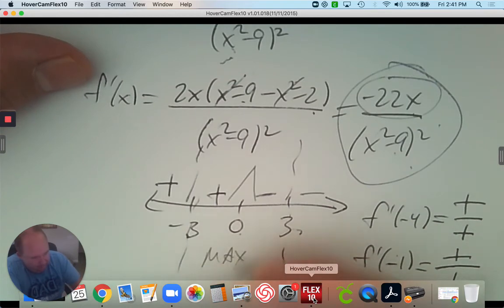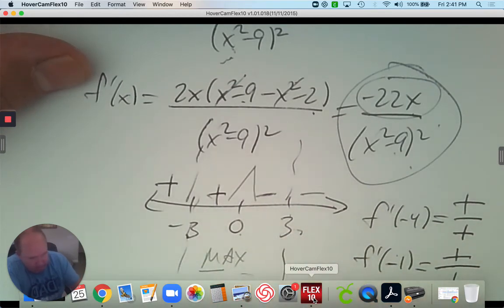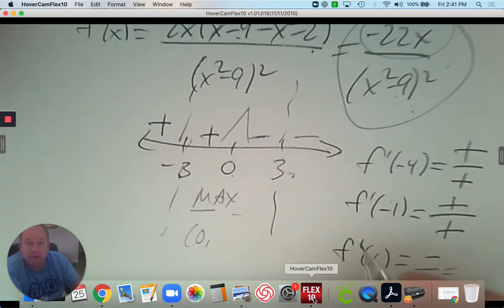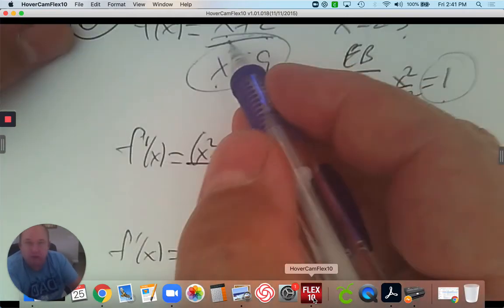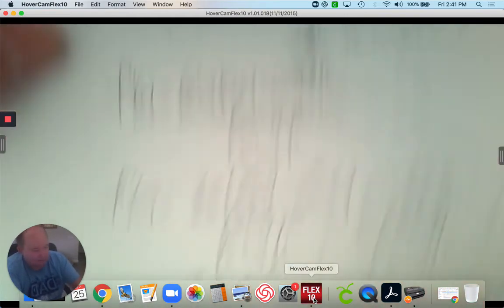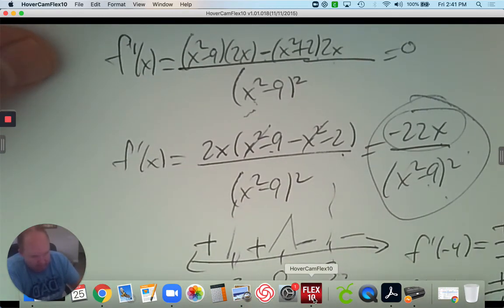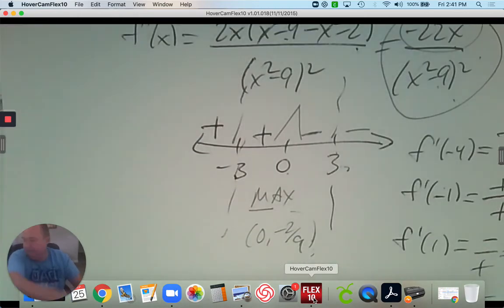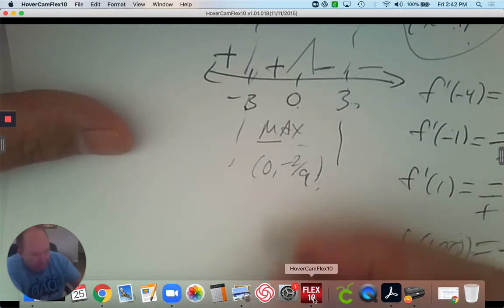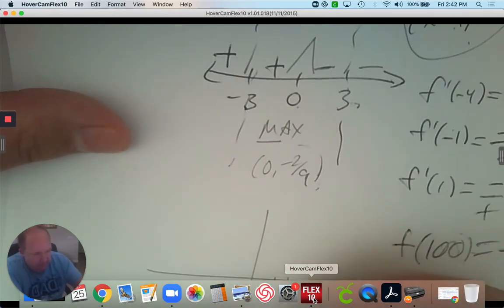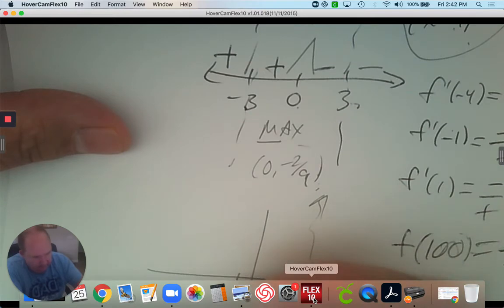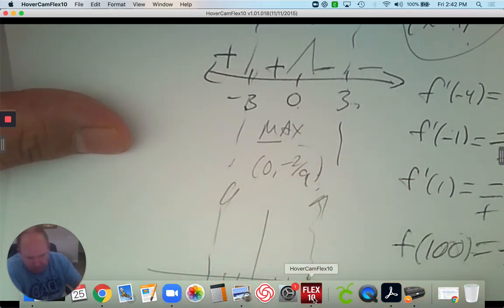So we have a max at 0. If I plug 0 in here, I get negative 2/9. So there's a maximum at 0, negative 2/9, and negative 2/9 is what you get when you plug 0 back into the function. So then if I put this together, at 3 and at negative 3, those are asymptotes.